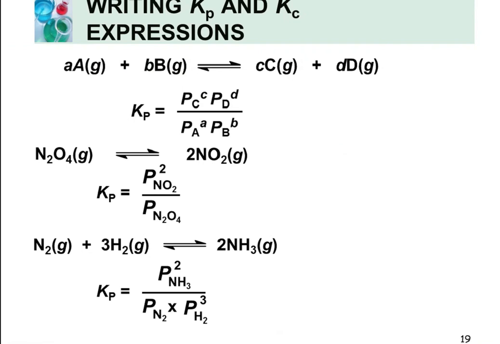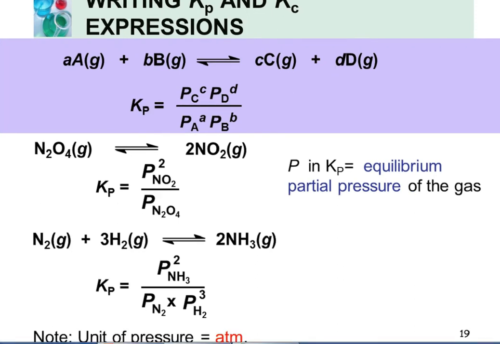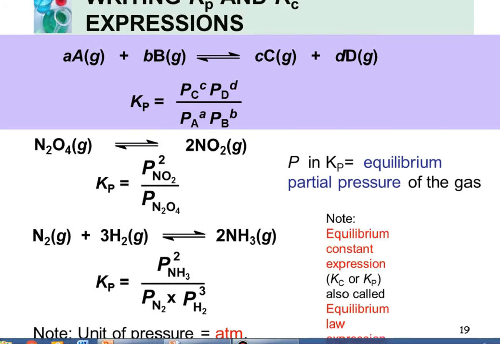And the Kp expression for a homogeneous equilibrium system can be written as below, where P in Kp equals the equilibrium partial pressure of the gas, and the unit of pressure is atm. Kc or Kp is also called the equilibrium law expression.